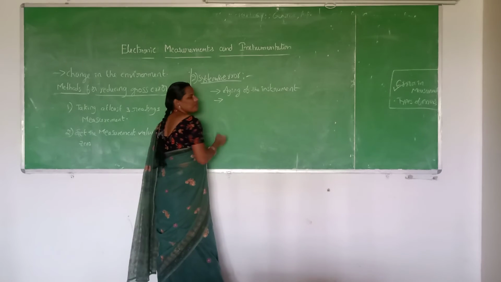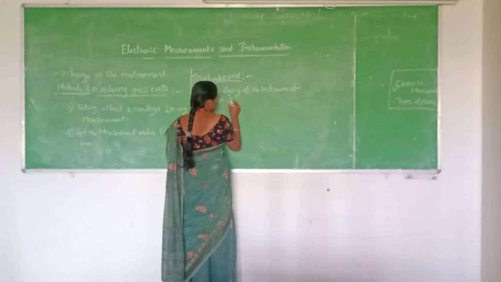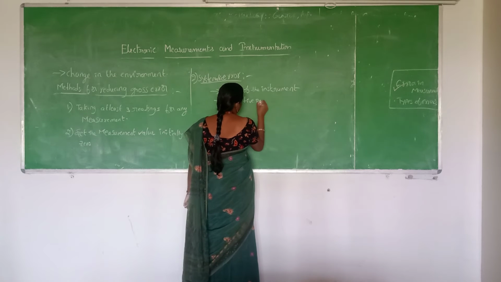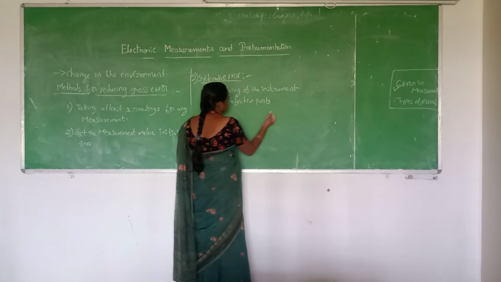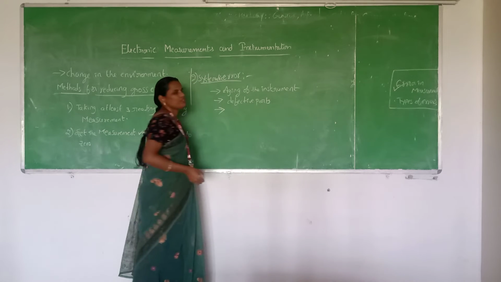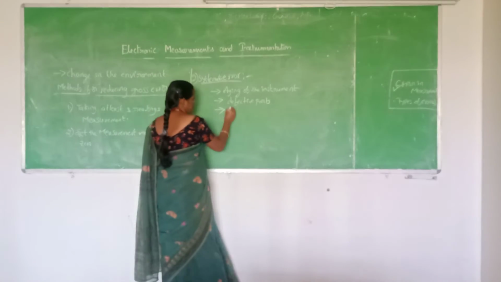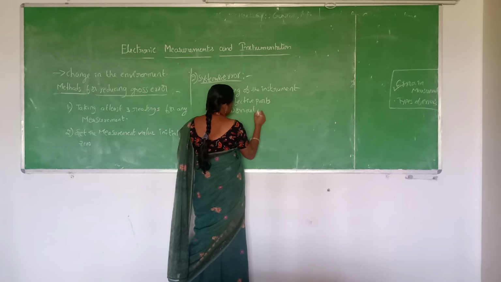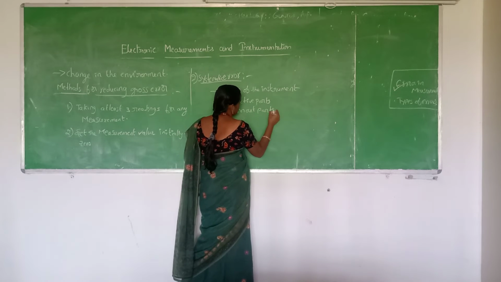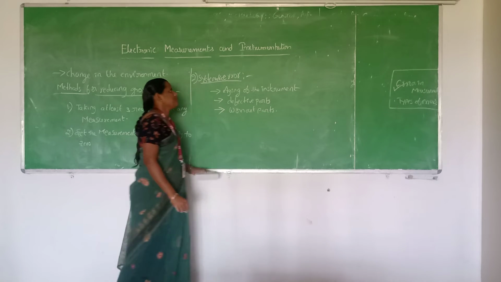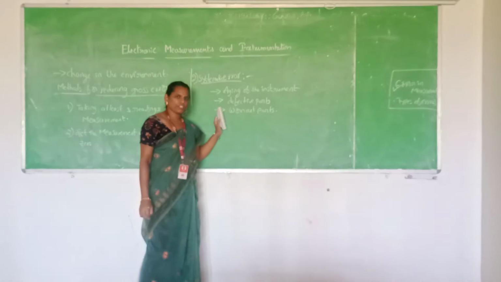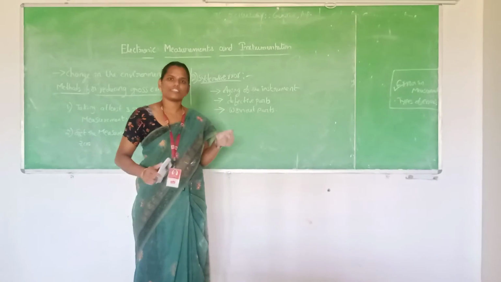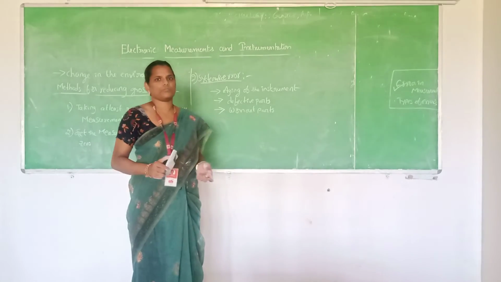Next, the second one is defective parts in the instrument. The third one is worn out parts in the instrument. These systematic errors can also be caused due to the mechanical structure and the non-linear characteristics of the components which we use in the instrument.